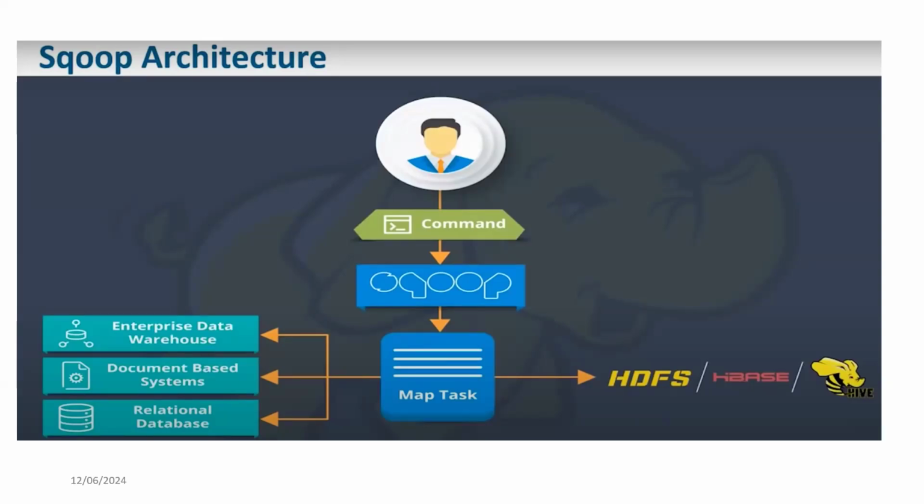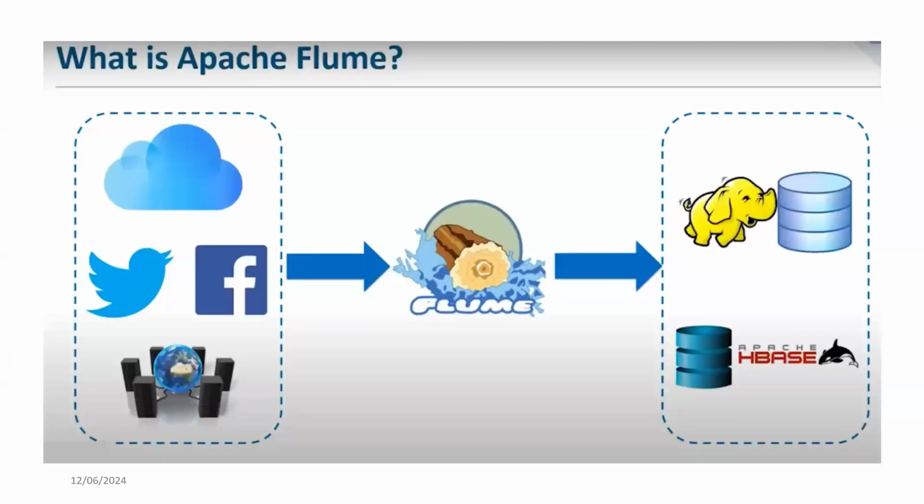So irrespective of whether the data is structured, semi-structured, or even free-form, you can handle it, and it can be output into the other components. At the same time, we can use Apache Flume, especially for social media network data, to take it and put it into other components.